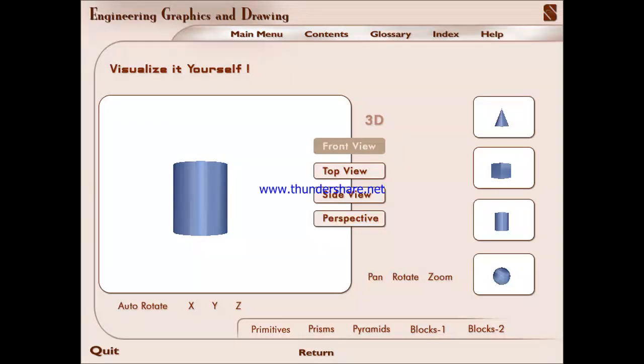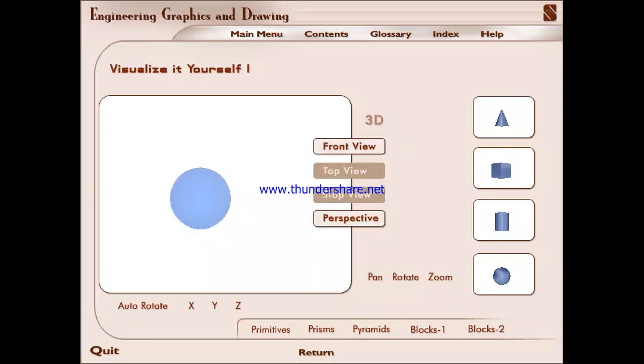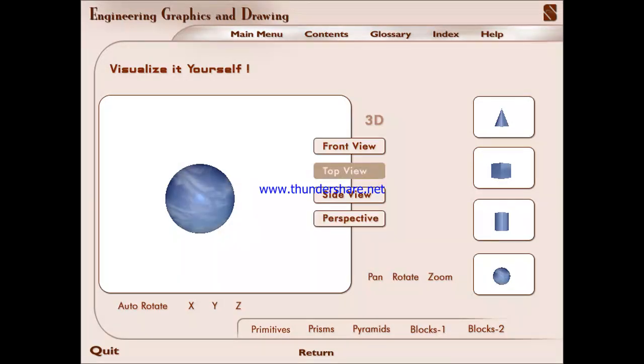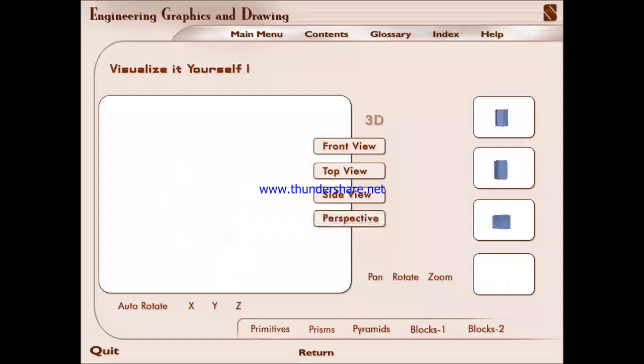For that, front view, top view, side view, perspective view. Now let us consider this object. Front view, top view, side view, and also perspective. Now let us consider prisms.